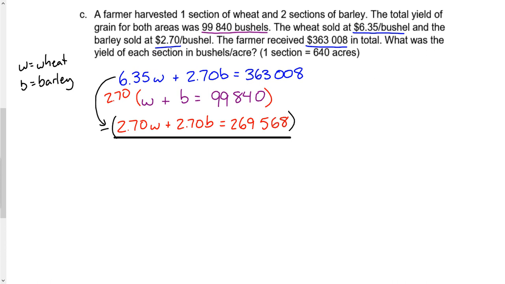I can take my 6.35 W and subtract my 2.70 to give me 3.65 W. 2.70B subtracting 2.70B, well, that's gone. 363,008 subtracting 269,568 is 93,440.